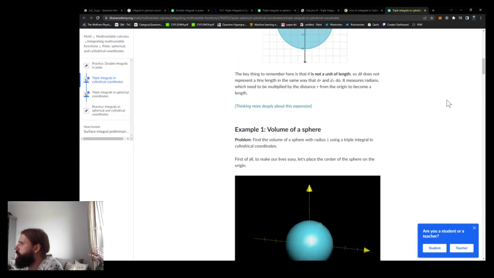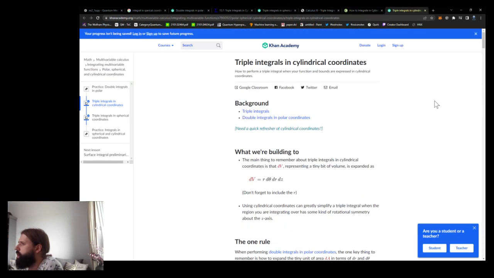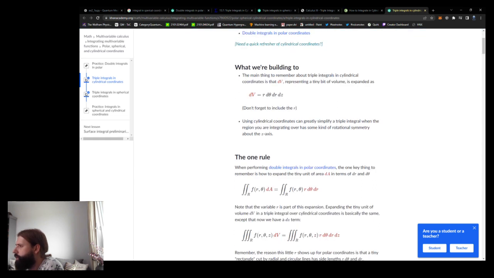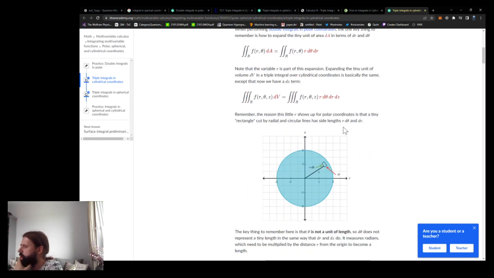Cylindrical coordinates. Why? Why? Ah, okay. Still, that should work.